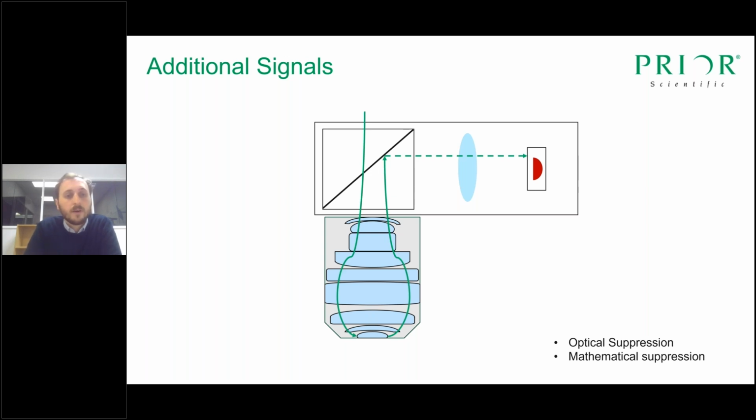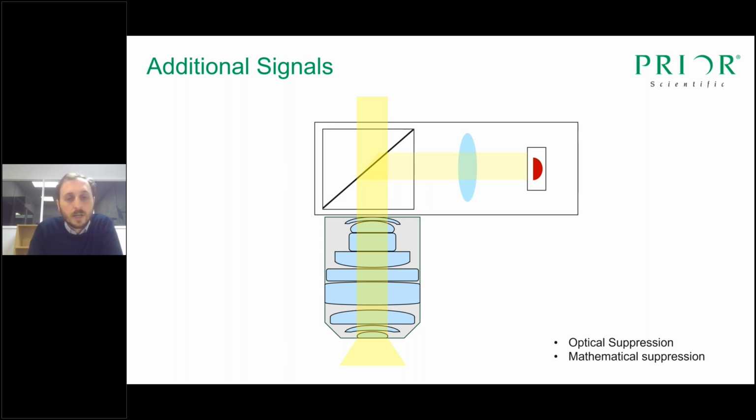Things like turf, for instance, can introduce additional peaks onto the PureFocus sensor. Back reflections from certain objectives can also introduce additional signals, and transmitted light as well, where it's very, very intense, can also be reflected by the dichroic in the hardware autofocus and introduce an additional signal.